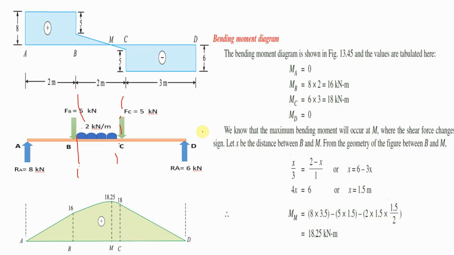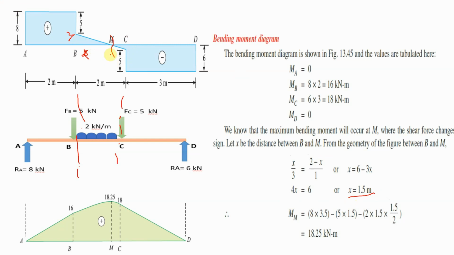Let X be the distance between B and M. From the geometry of the figure, from the similarity of triangles, this 3 meter is for X, then 2 minus X is for 1 meter. Solving, we get the value of X as 1.5 meters. So this is the position of the point where the shear force is 0.